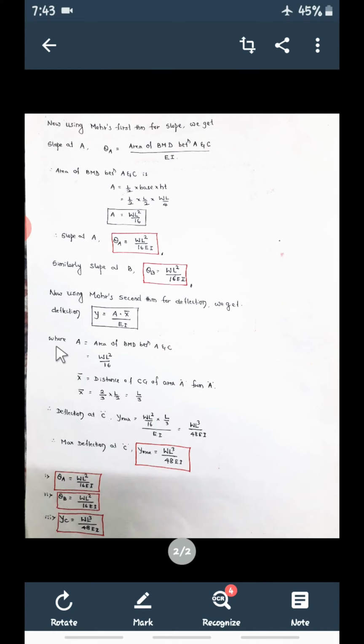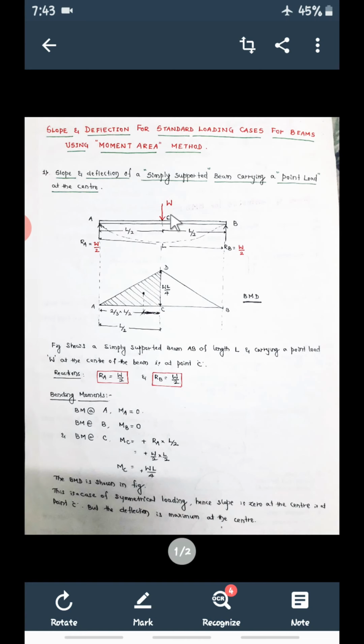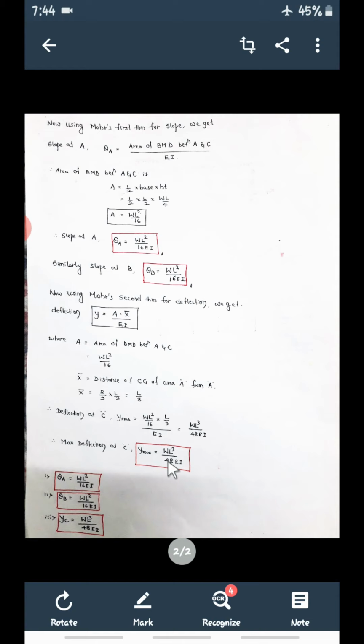Suppose this load W is equal to 20 kilonewton. Then RA will be 20 divided by 2, and RB will be 20 divided by 2. As per the derivation, the maximum deflection at the center is WL cube divided by 48 EI.